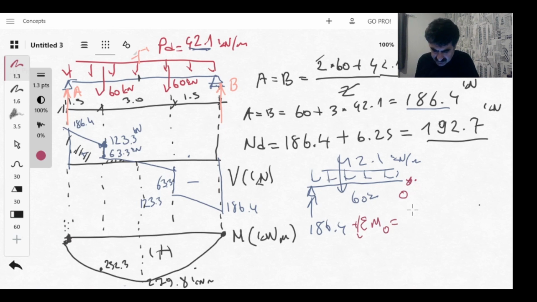So we have minus 186.4 multiplied by 3 meters, and then the others positive: plus 60 multiplied by 1.5, plus 42.1 multiplied by 3 meters, multiplied by 1.5.